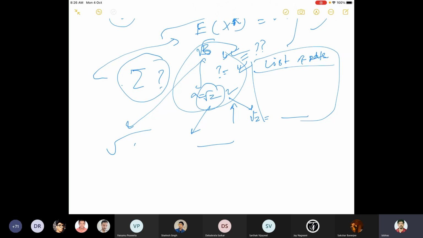Then the question will be how to estimate those parameters so that the given data can be explained as a normal distribution. But then the question is, what is the value of mu and what is the value of sigma square? So in the real world, how it is distributed is not given to you. You have to find it.